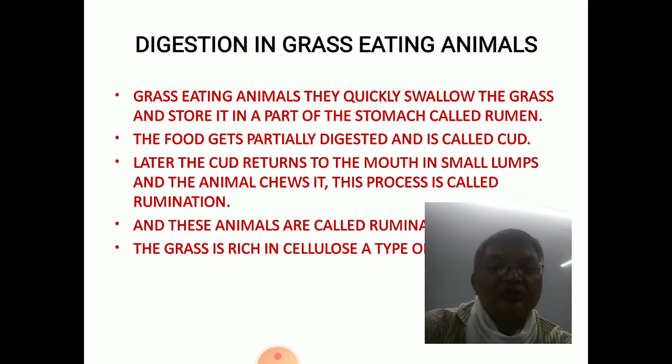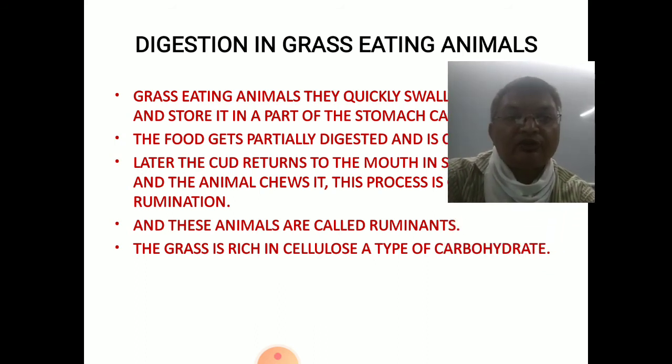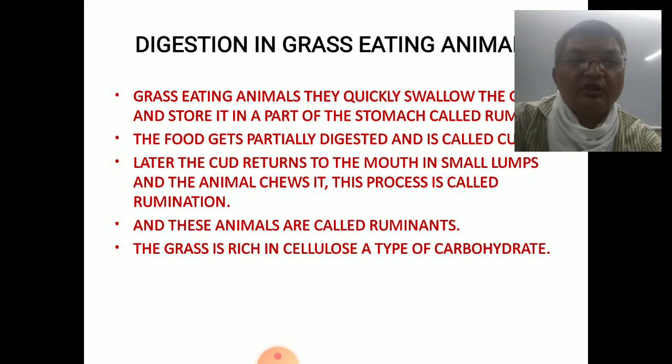This process is called rumination. And the name of this animal is ruminants. Name of this animal is what? Ruminants.